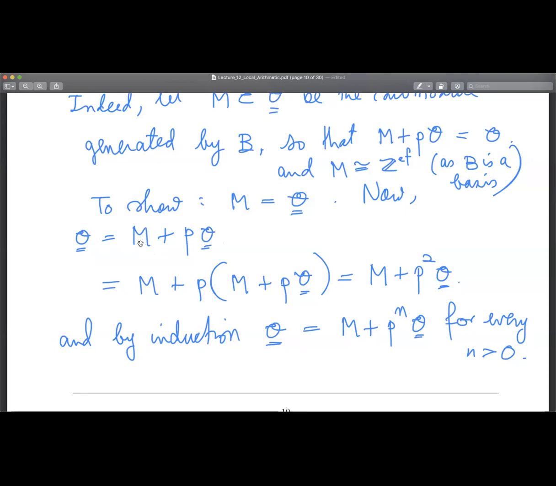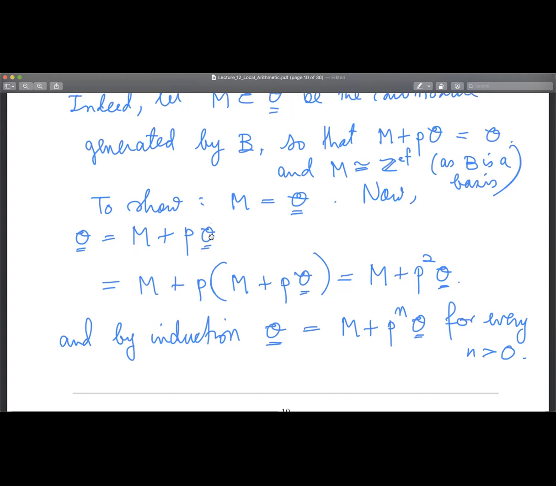It's generated by M union pO, because modulo pO, the image of B generates the quotient O modulo pO. So that O is equal to M plus pO is another way of saying it.